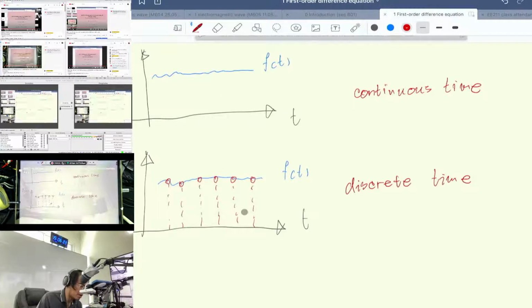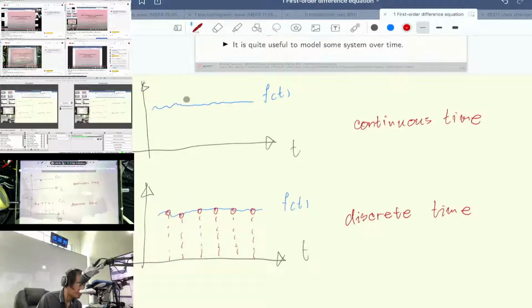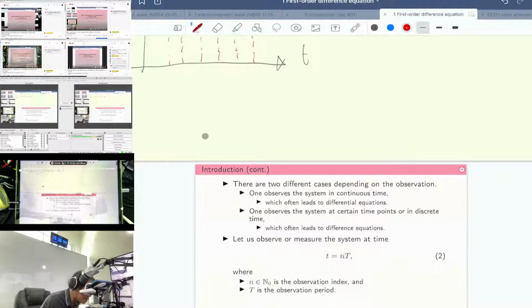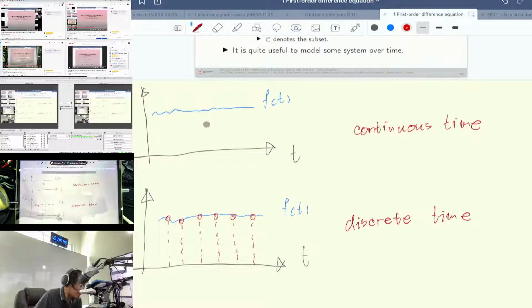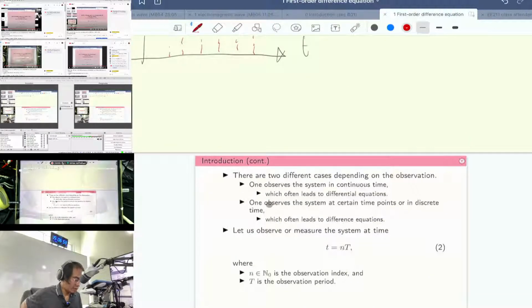If you model your system as discrete time, you would often receive a discrete time nature. Here is the continuous time, which is better, is more precise. You can pick up any value along this line, but it requires a lot of memory. Humans try to use something simpler in an economical way.